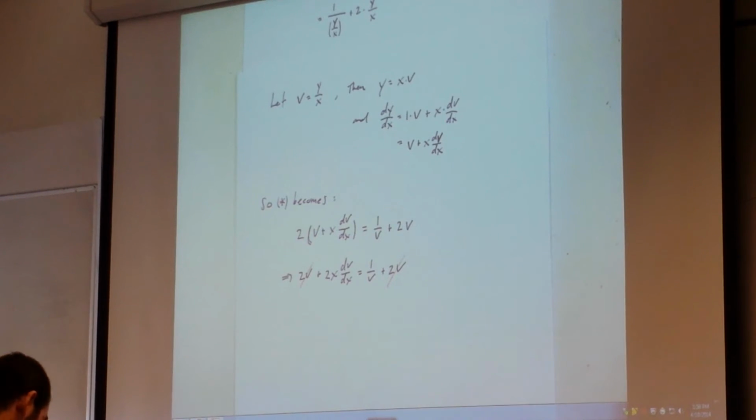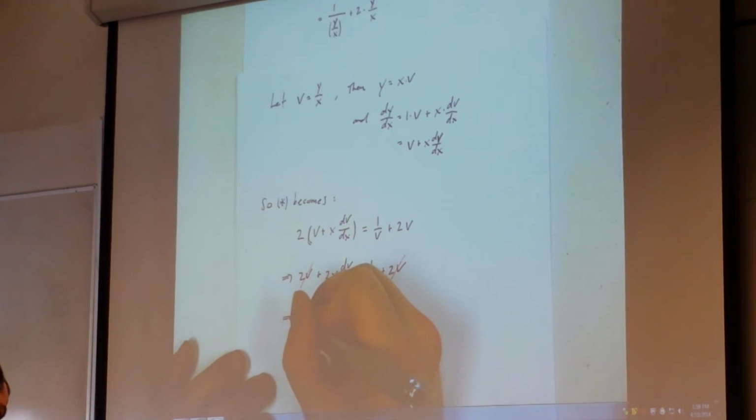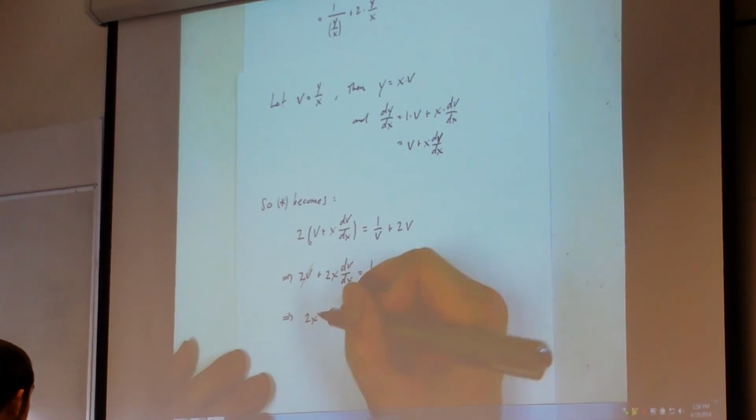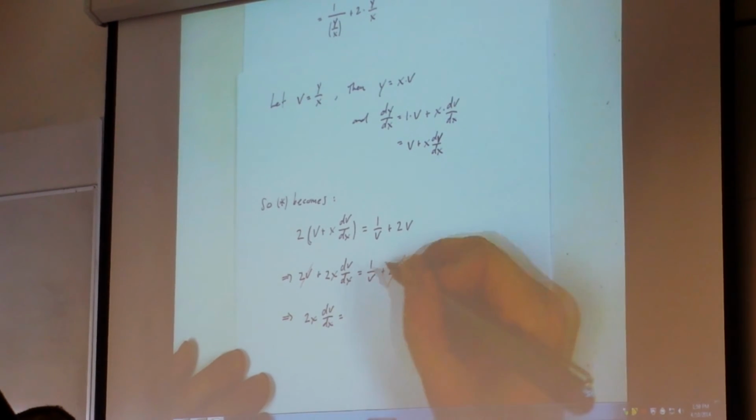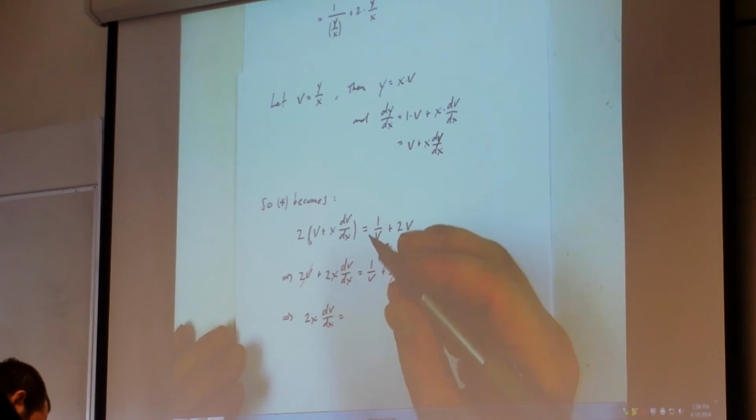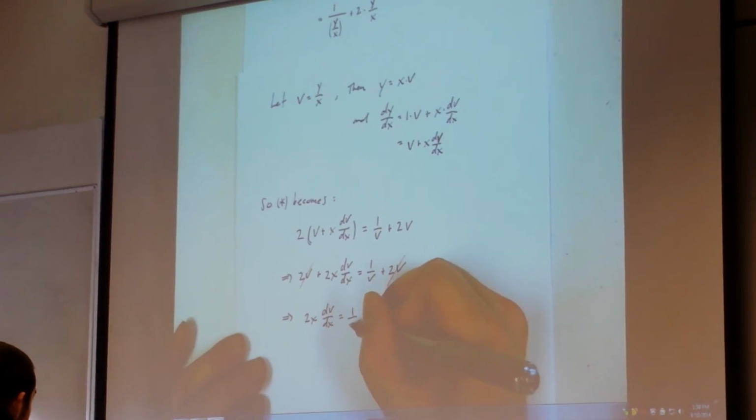Okay. And then, we could divide by, I think we could divide by 2x. Well, let's just write this out one more time. We'd have 2x dv dx equals 1 over v, or v to the negative 1, however you want to view that.